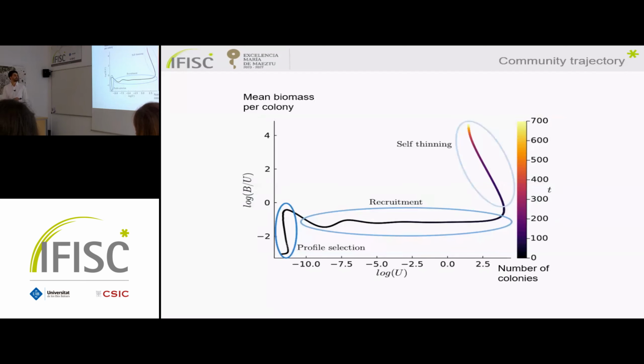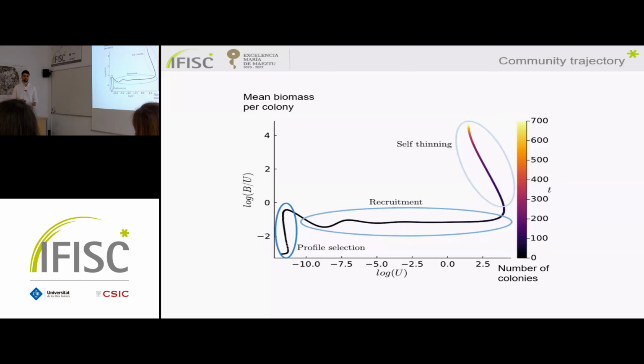So we have 3 different dynamics here. At the beginning, we find this recruitment period where the colonies grow, and at some moment they start growing exponentially because the resources are very abundant and they don't compete so much, until eventually the resources become limited.